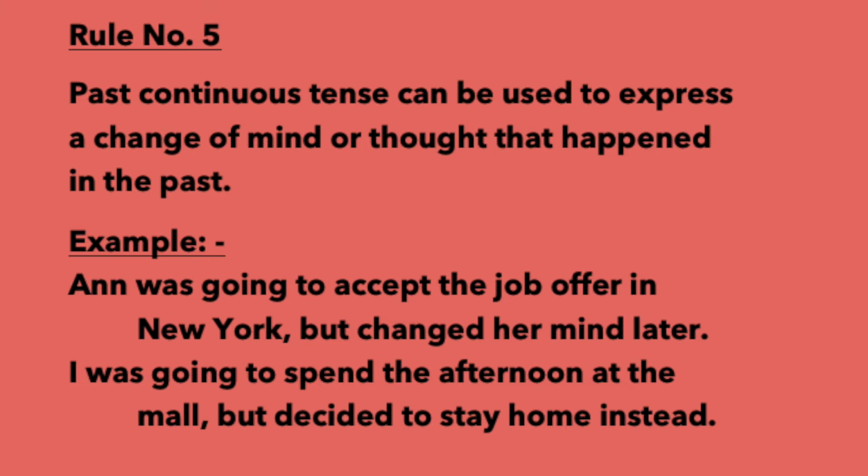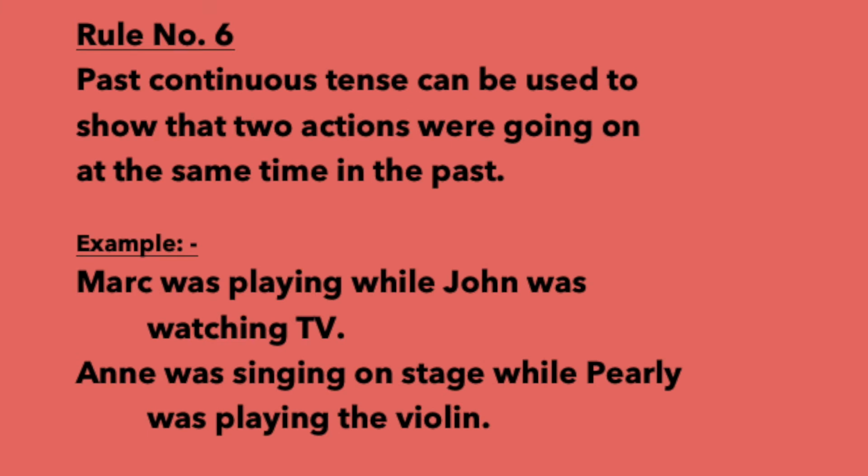So we can use past continuous tense to express a change of mind or thought that happened in the past. See the next example. I was going to spend the afternoon at the mall but decided to stay home instead. Okay, hope you understood. Let's look at the next rule.